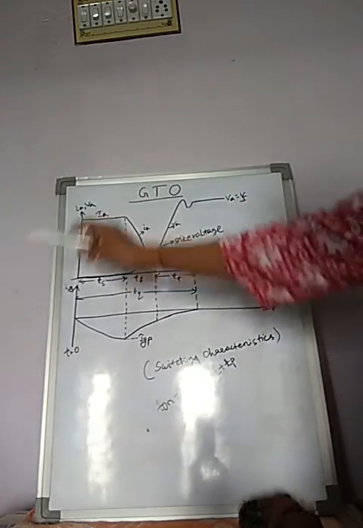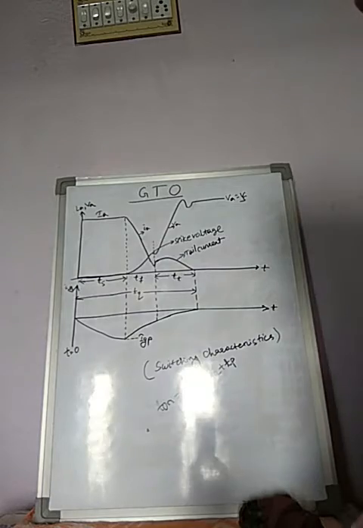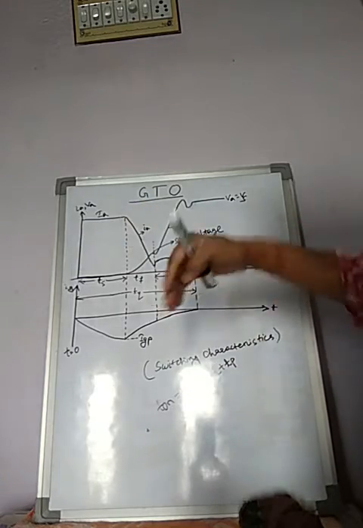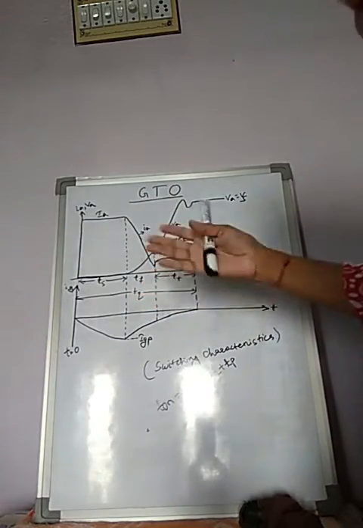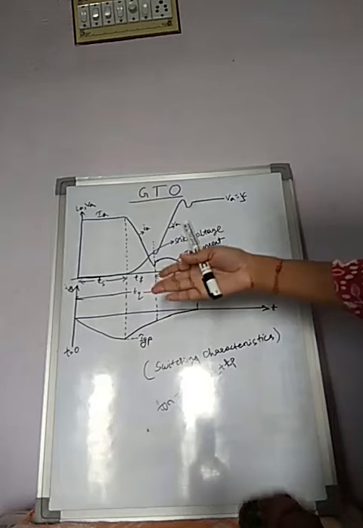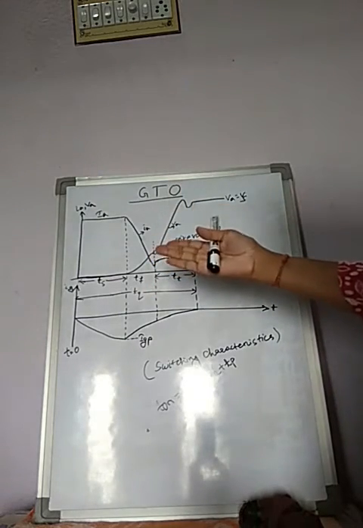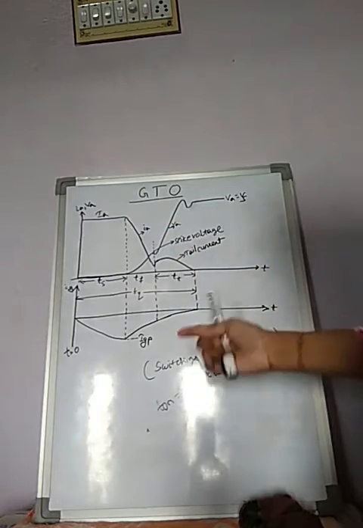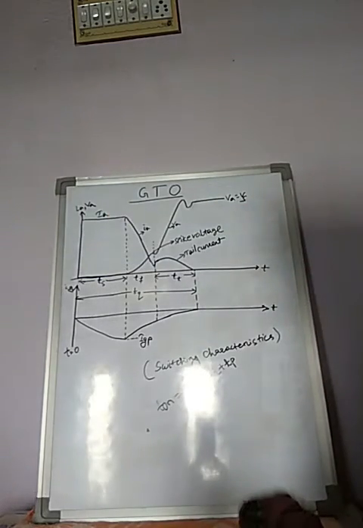This is the final value of GTO during turn on time. So before initiating the turn off process, GTO is in on state, so it carries a steady state on state anode current, that is capital IA.